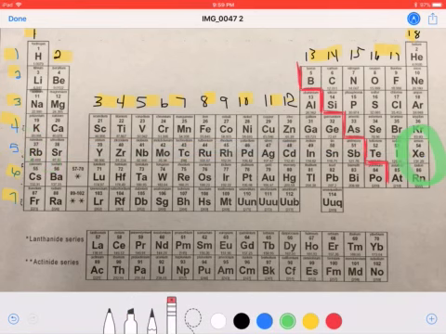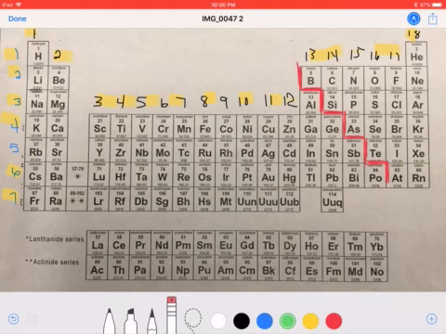You guys can see that with the 37 above the Rb, whereas xenon over here has 54 protons. With the larger number of protons on the right-hand side, xenon actually has a larger positive charge in the center of the atom, which pulls those electrons in tighter than the 37 of rubidium off on the left-hand side.